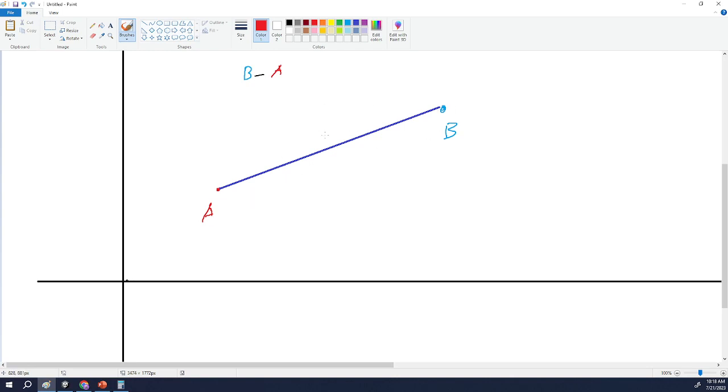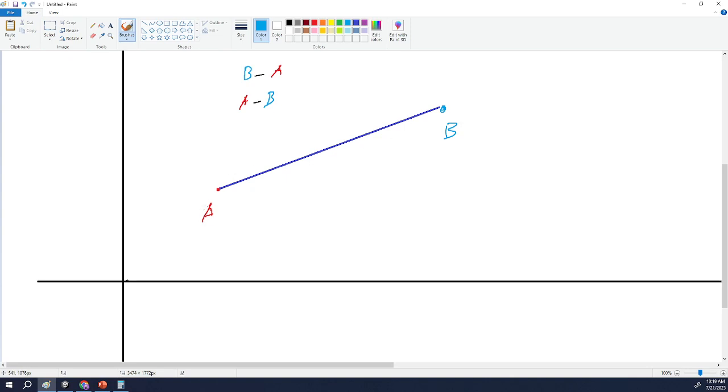this is where we are. This is where we're looking at. Our direction would be here. This is B minus A. If it is A minus B, this is where we were.